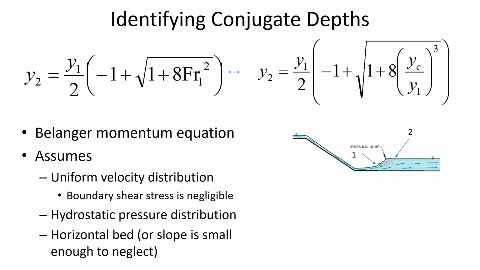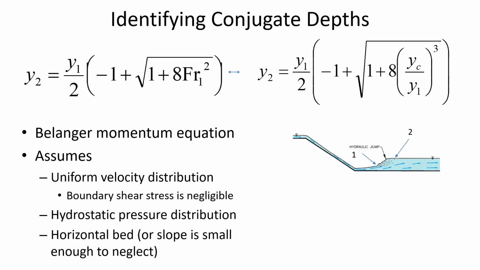This equation only approximates the downstream depth. It's never going to, in the real world, be exactly this, because this equation assumes that when the water's flowing along, it has a uniform velocity distribution with depth. So it's going through a hydraulic jump. What it assumes is that the velocity at the surface and the velocity at the bottom are exactly the same. And that's not true.